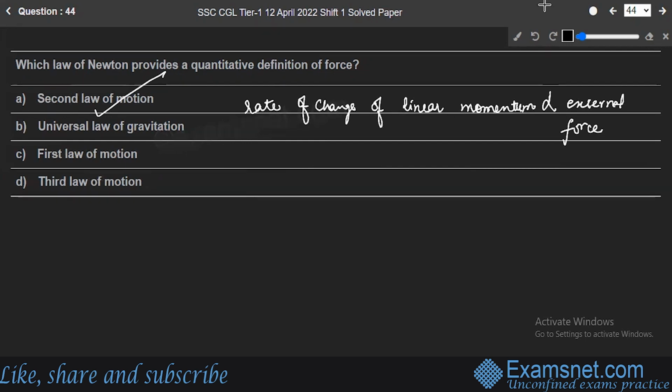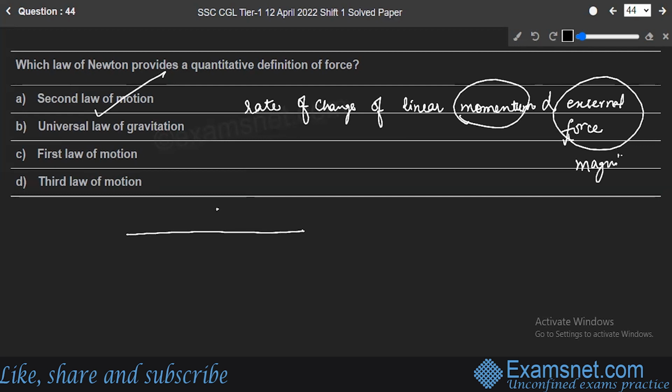Like the body is moving in a straight line, the rate at which the body is changing its momentum is directly proportional to the magnitude of the force applied, and this change takes place in the direction of the force applied.